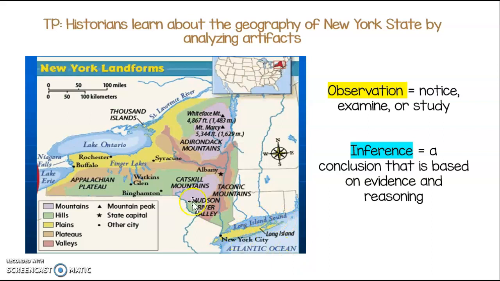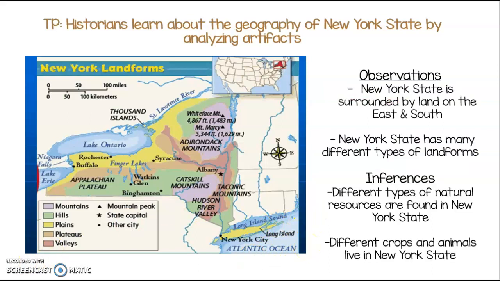So there's different types of landforms, and there's different types of bodies of water. So here are some observations that I've made. That New York State is surrounded by land on the east and the south. And that New York State has many different types of landforms.